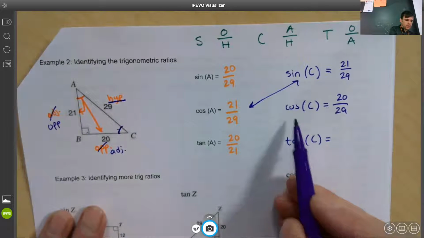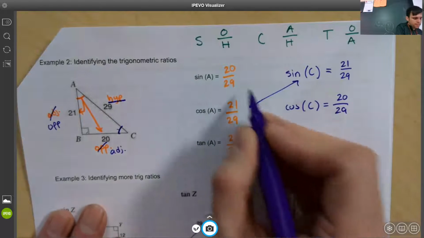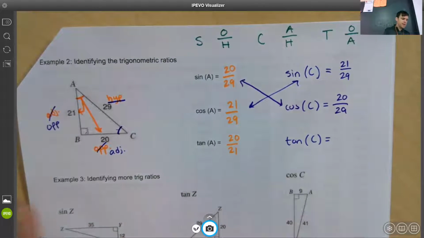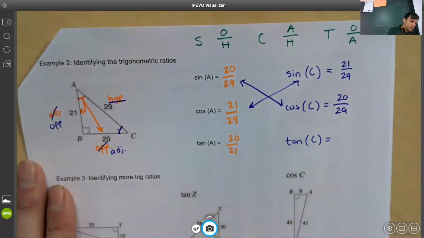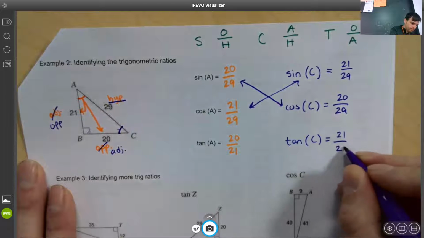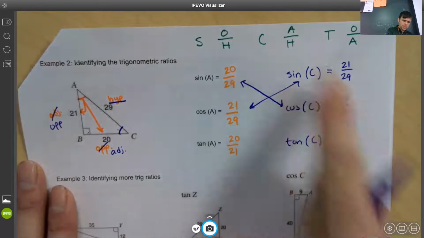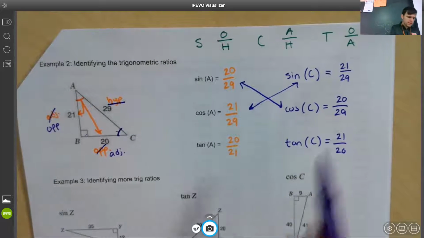Notice this, cosine of angle C is the same as sine of angle A. Coincidence? Maybe not. Tangent of angle C, tangent is opposite over adjacent, so that's 21 over 20. Is that related to anything? Is that similar to anything in this realm? Maybe, maybe not. Take a look at these two.